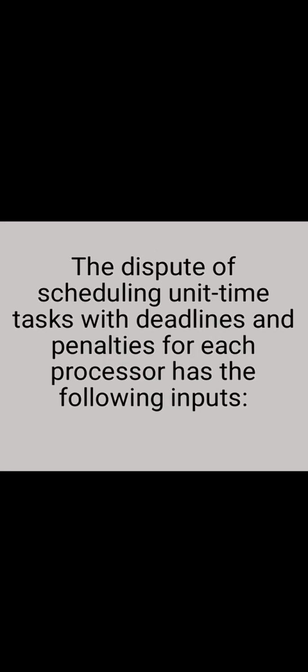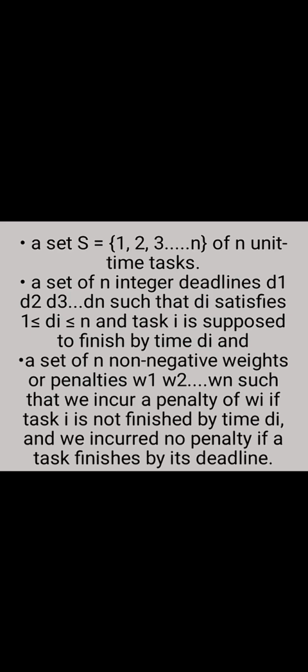So, the problem of scheduling unit time tasks with deadlines and penalties for each processor has the following inputs. So, first is the set S, which has 1, 2, 3 up to n, n unit time tasks. Okay, so a set of n integer deadlines.